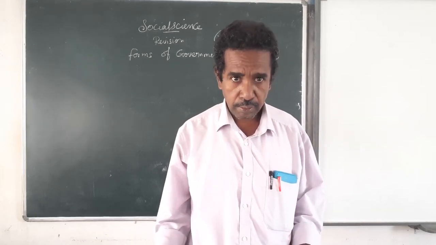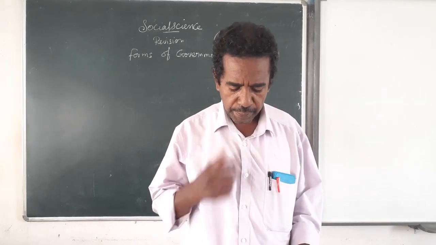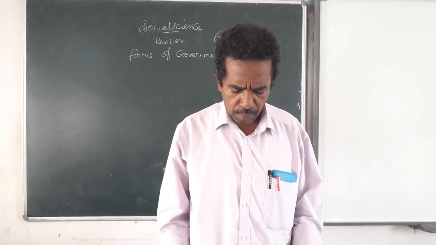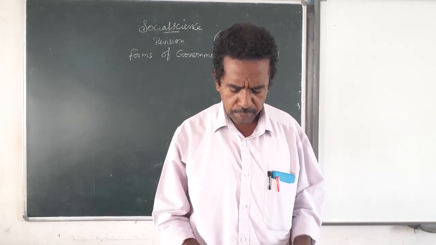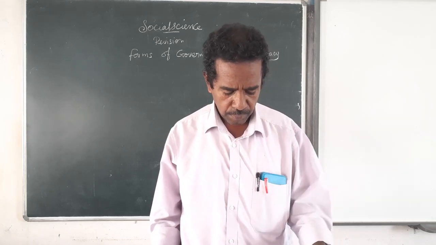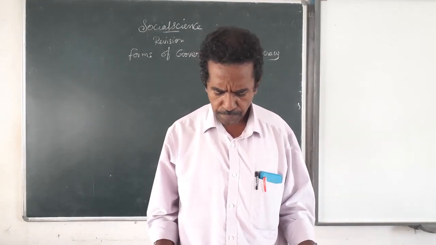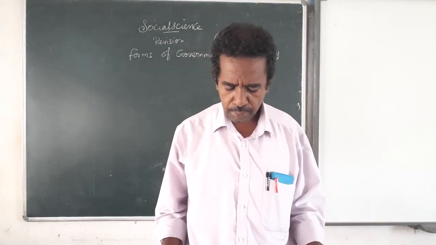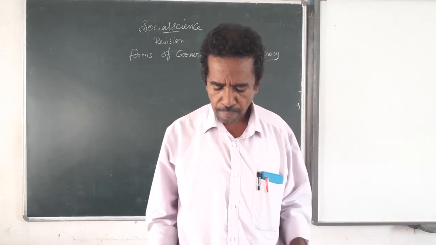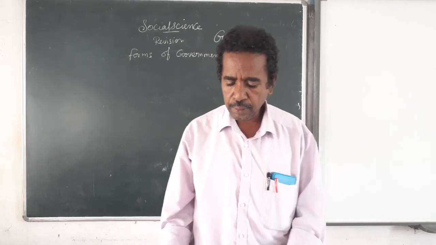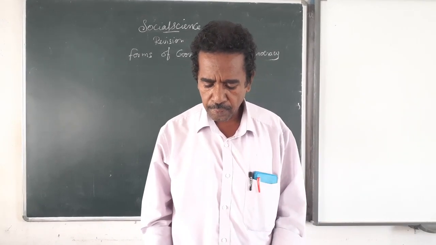Then the next one is: what is your opinion about democracy in India? That is the third paragraph question, page number 241. Under the heading democracy in India, we have marked up to the right hand side, second para, last but one line.